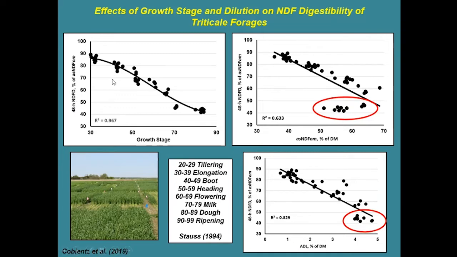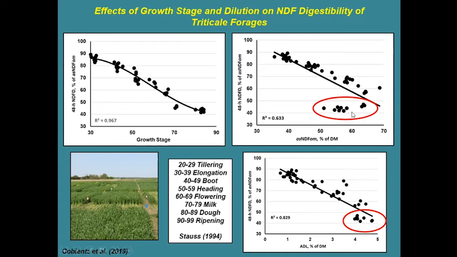However, if you change that up just a little bit and you plot fiber digestibility against the concentration of fiber in the plant, you'll see that there's a very predictable linear decline, which is associated with maturation and plant development, up to a point where these plants start to partition non-structural carbohydrate into that grain head. And then these forages wander off the reservation, so to speak.